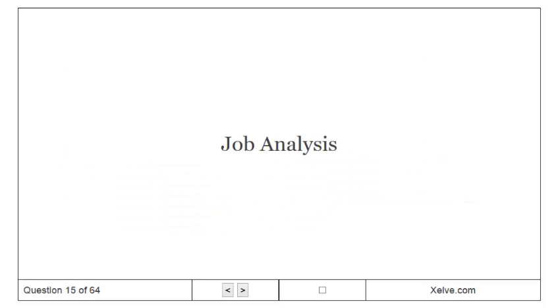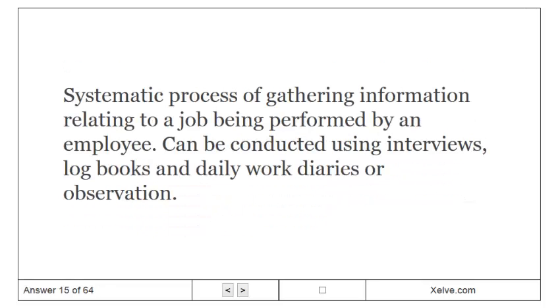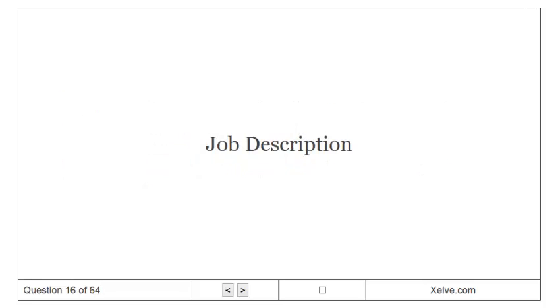Job analysis. Systematic process of gathering information relating to a job being performed by an employee. It can be conducted using interviews, logbooks, and daily work diaries or observation. Job description.